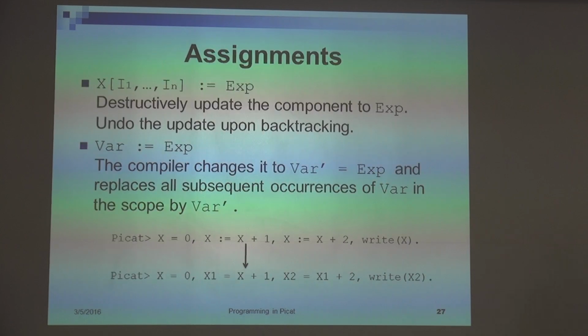Assignments. There are two types of assignments. The first type has this index notation on the left-hand side. This assignment updates the component referenced by this index notation, and this update is undone upon backtracking. The second type of assignment is where the left-hand side has a variable. For this type of assignment, the compiler introduces new variables.